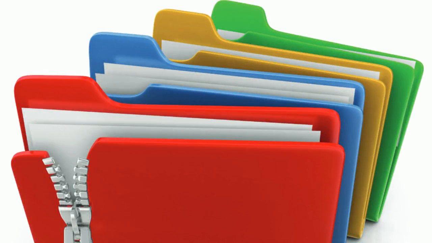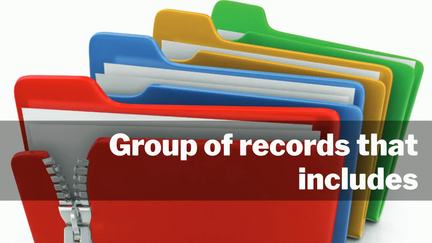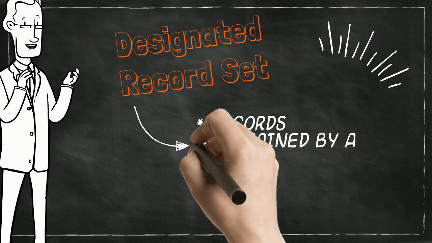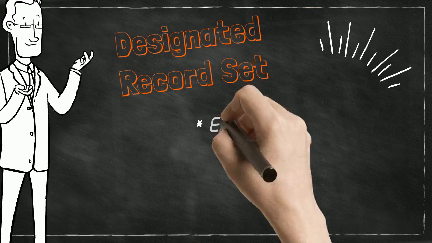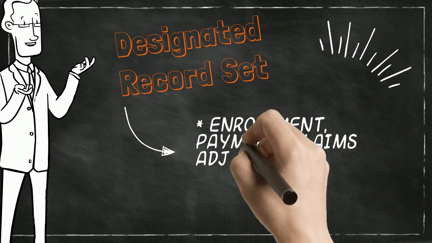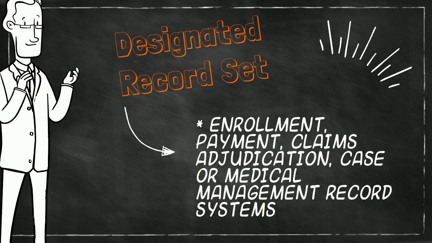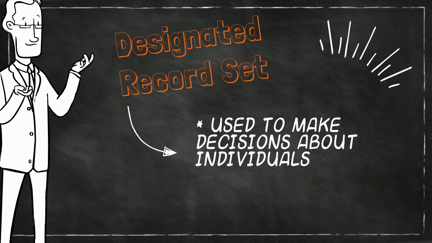Under the privacy rule, a designated record set is a group of records maintained by or for a covered entity that includes medical and billing records about individuals maintained by or for a covered healthcare provider, enrollment, payment, claims adjudication, and case or medical management record systems maintained by or for a health plan, or used in whole or in part by or for the covered entity to make decisions about individuals.